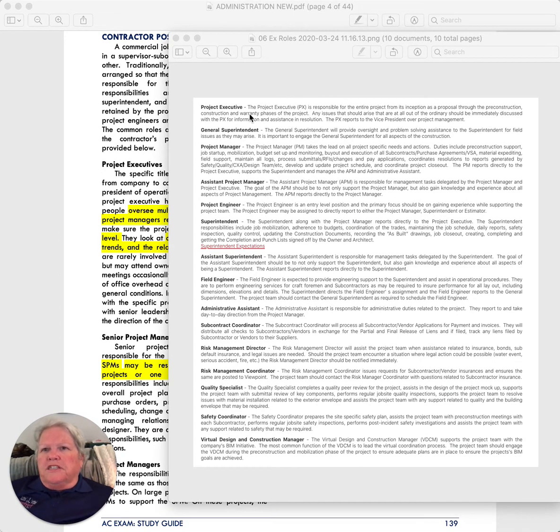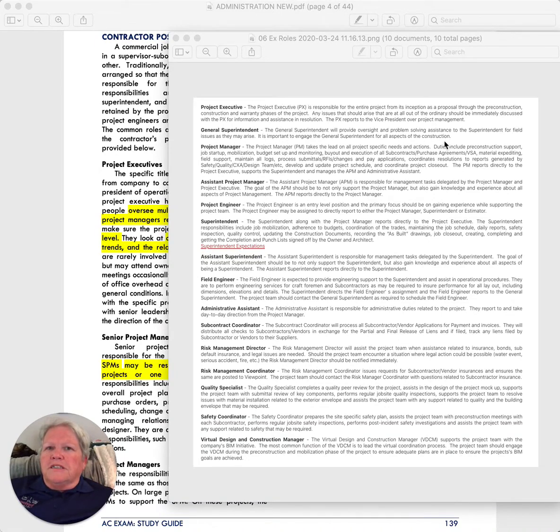You have the project executive, who is responsible for managing the client, making sure the client's happy, and also for getting all the resources necessary to the job so that the project manager and superintendent have the materials and the resources they need to execute the project.